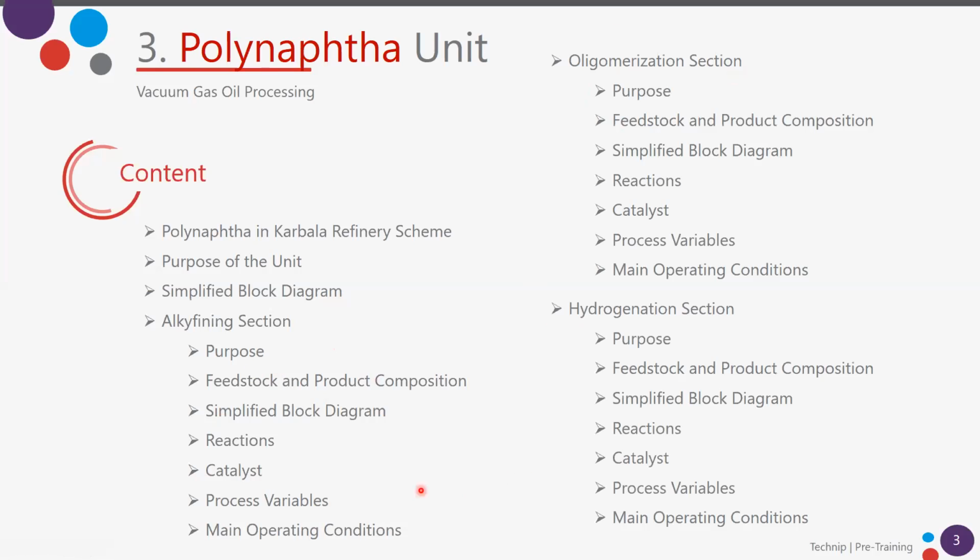For each of these sections, we will talk about the purpose, the feedstock and product composition, the simplified block diagram, the reactions that take place, the catalyst used, the main process variables, and the main operating conditions of each section.